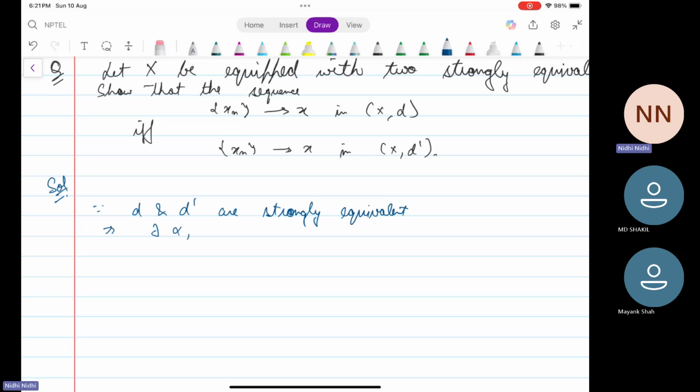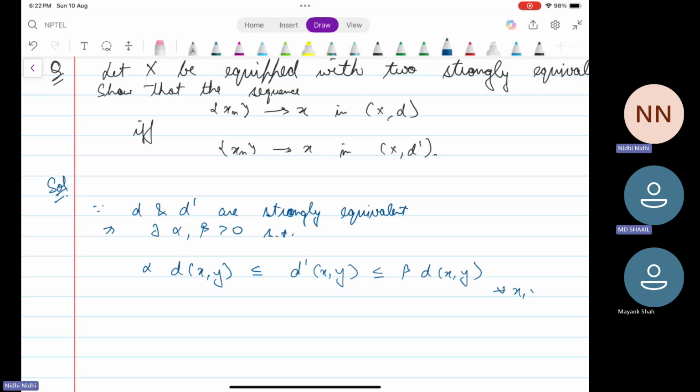There exist some alpha, beta positive such that alpha times d(x,y) is less than or equal to d'(x,y), which is less than or equal to beta times d(x,y).